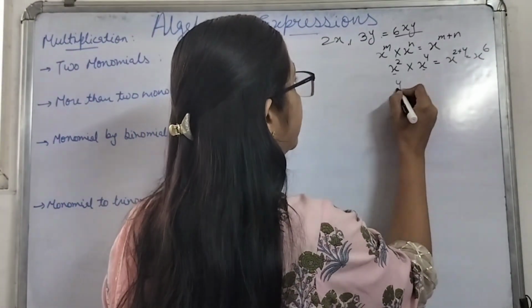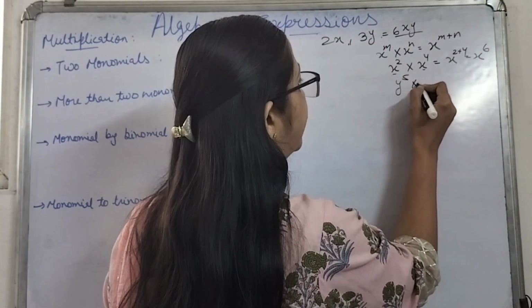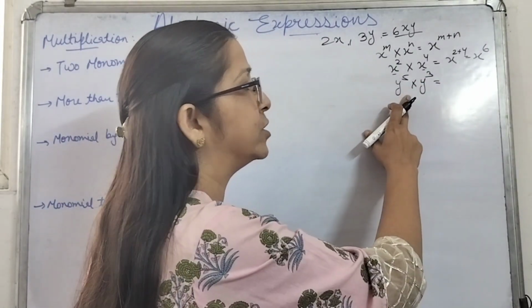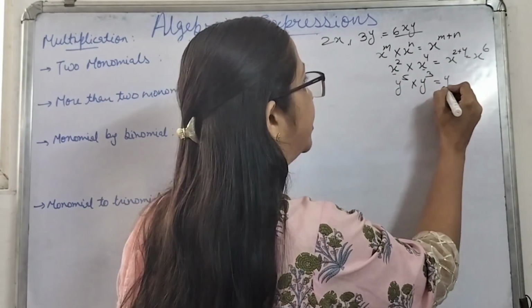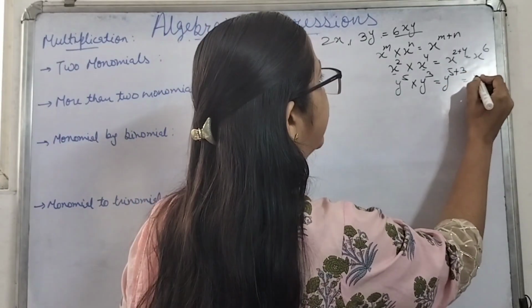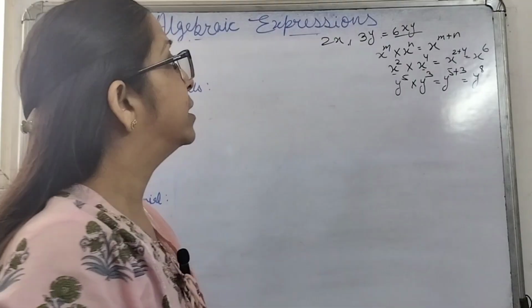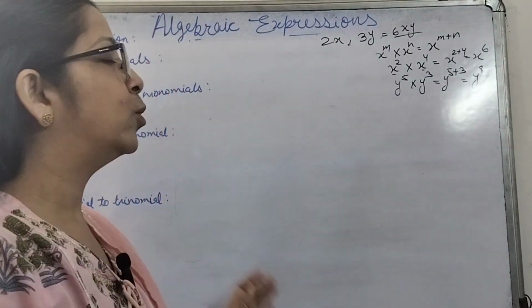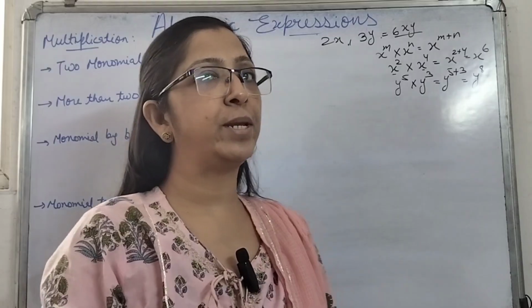If it is y raised to the power 5 multiplied by y raised to the power 3, again the bases are the same and there is a multiplication sign in between, so the powers are added. So it will be y raised to the power 5 plus 3, that is y raised to the power 8. These laws of exponents we will be using while multiplying two or more algebraic expressions.